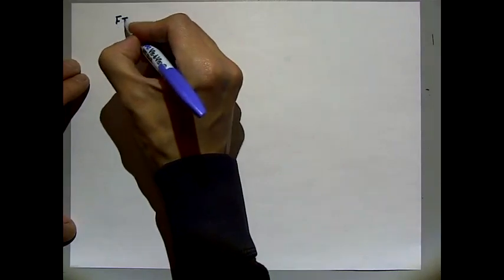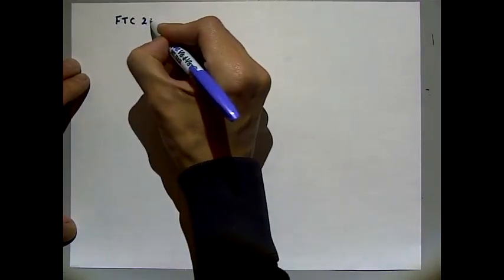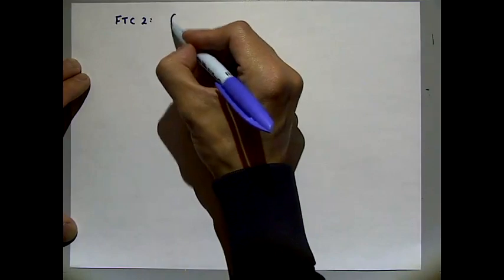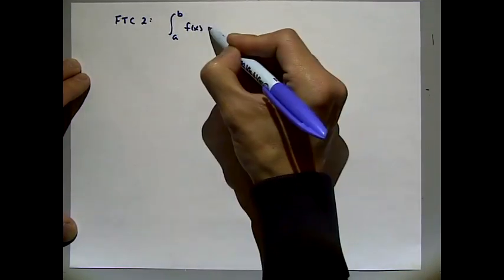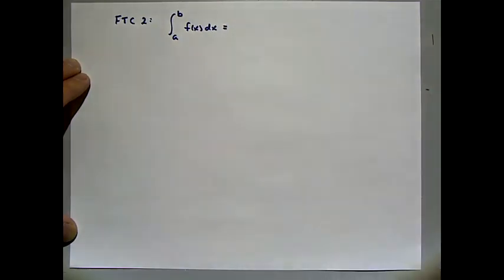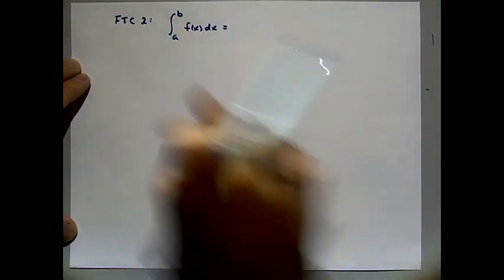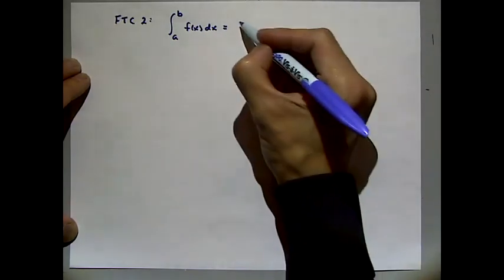Okay, so now the second version of that, fundamental theorem of calculus. It gives us a very convenient way to calculate the area between the function and the x-axis exactly.